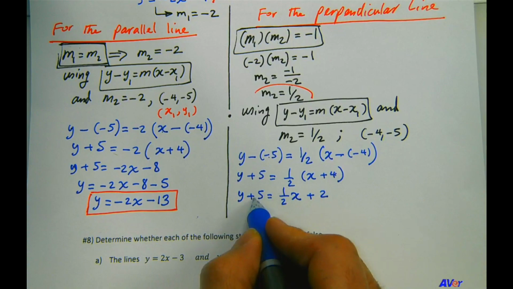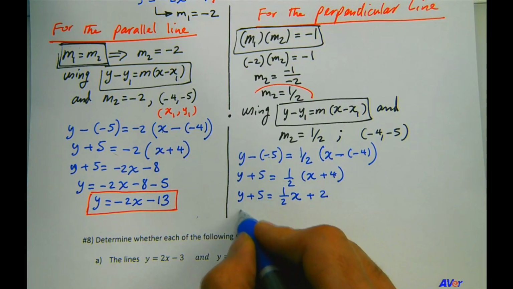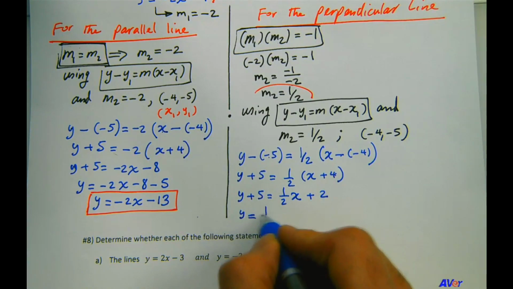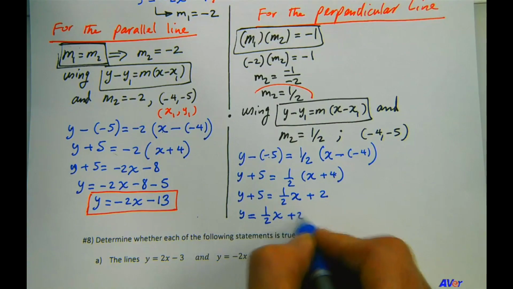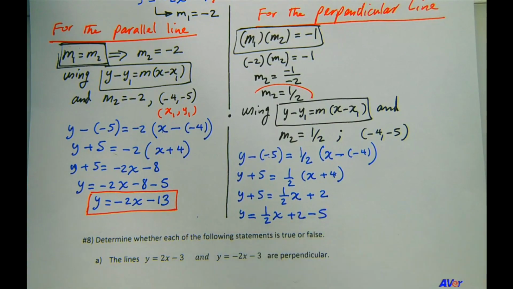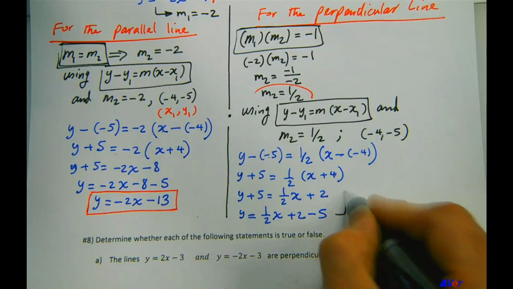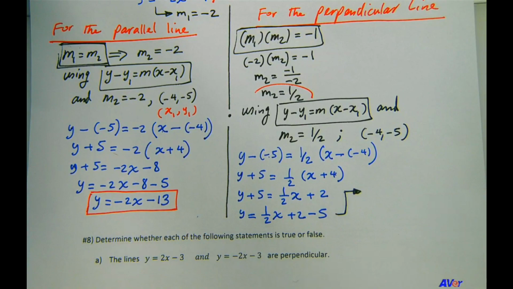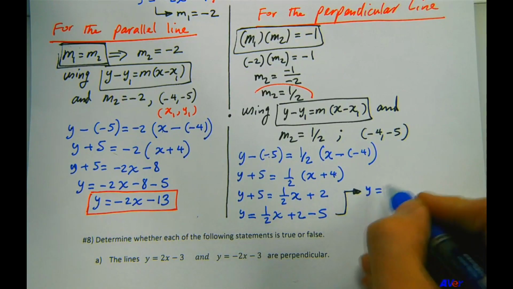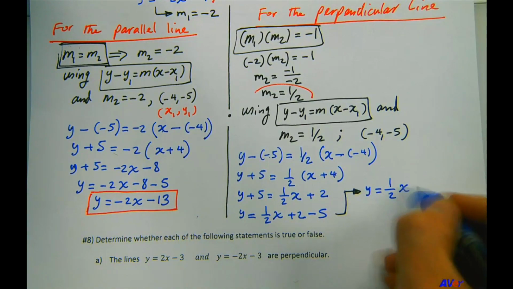So let's move this to the other side. We have y equals 1/2 x plus 2 minus 5, right? And so here we have y equals 1/2 x, 2 minus 5, minus 3.